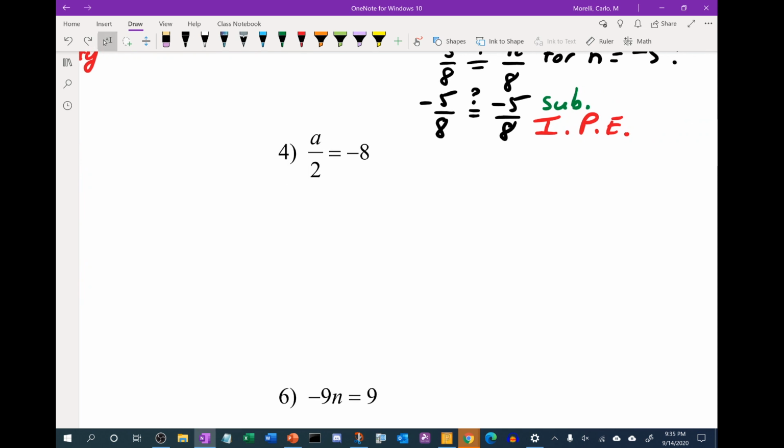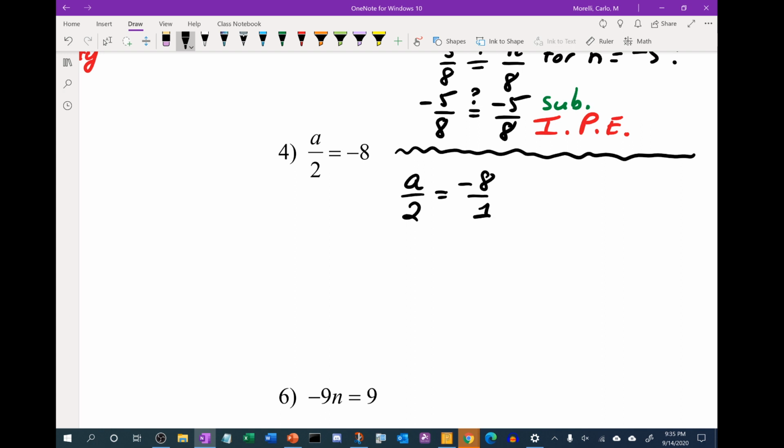4. A over 2 equals negative 8. I've got a piece of advice for everyone watching. Let's rewrite this problem. Let's write A over 2 equals negative 8 over 1. Okay, well, we want to get A by itself.